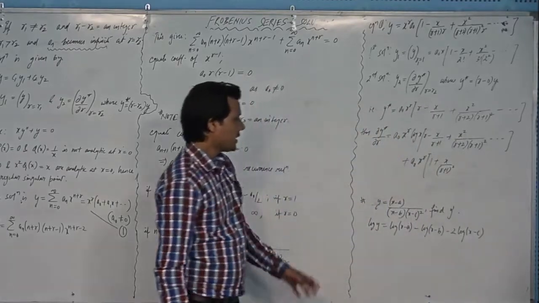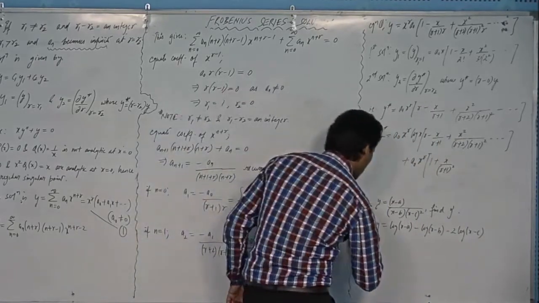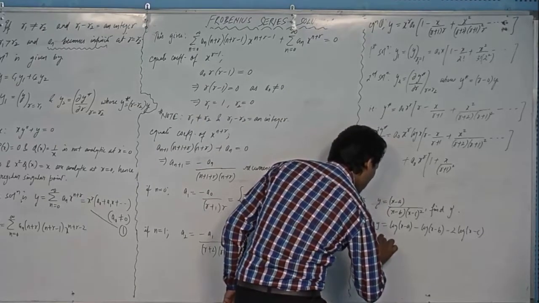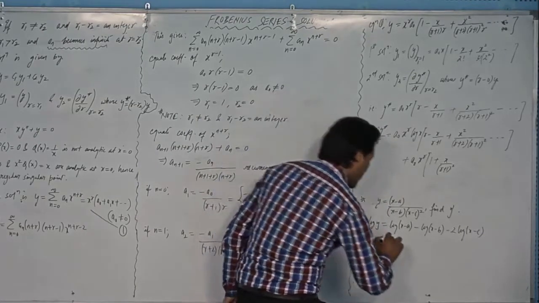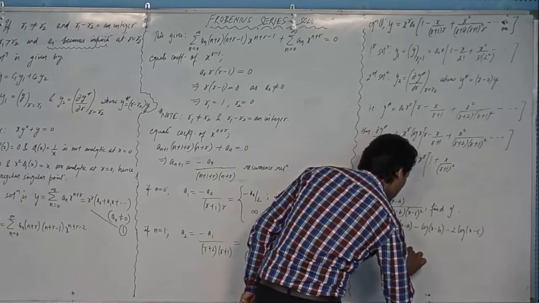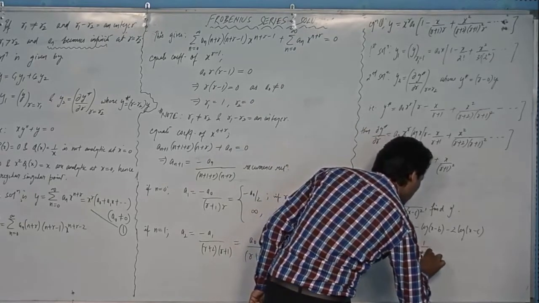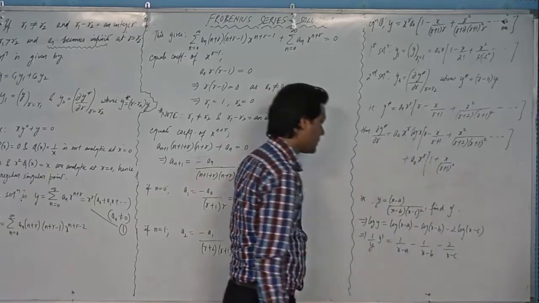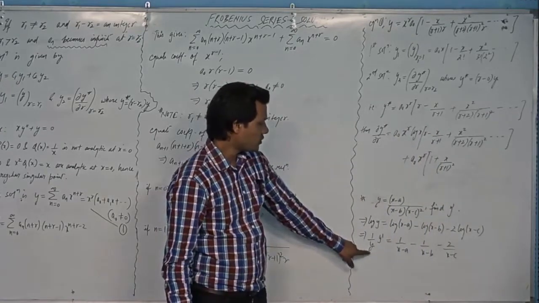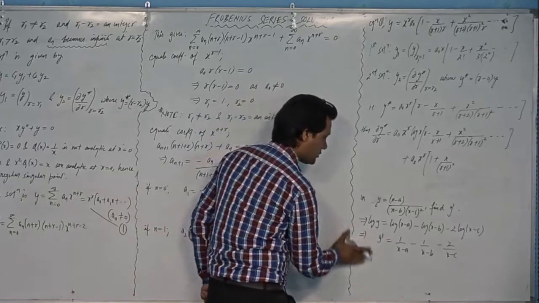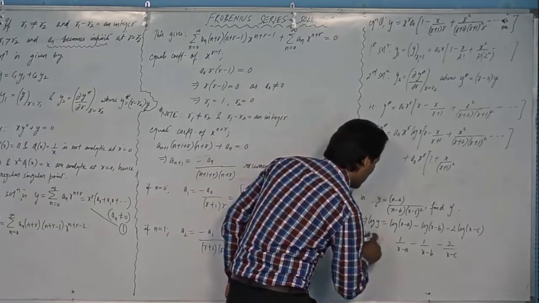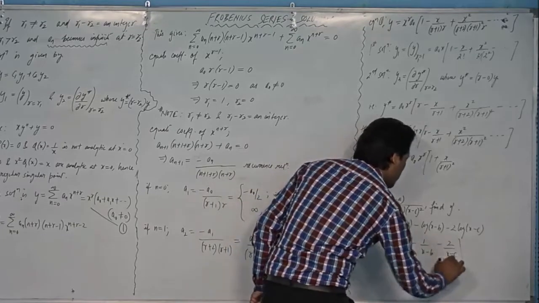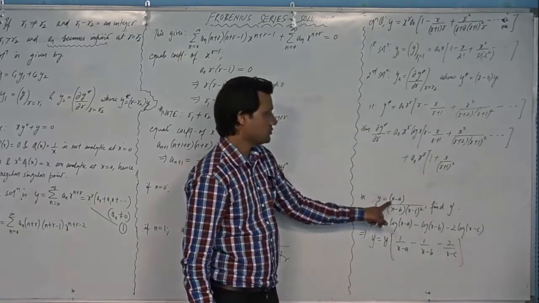And when you differentiate this, you will get 1 over y dy by dx equal to 1 over x minus a minus 1 over x minus b and minus 2 over x minus c. After this you take this y here on multiplication, so y dash equals y multiplied with this whole thing, and y is this value.